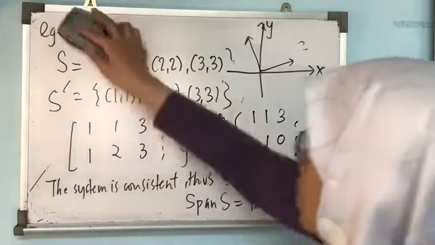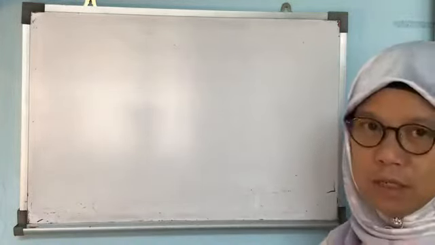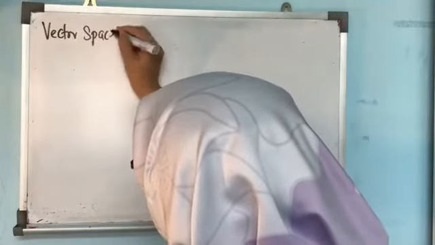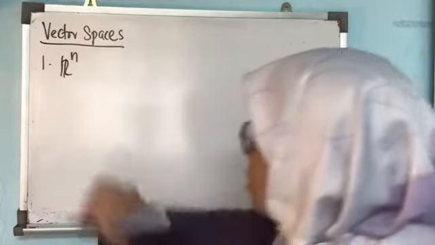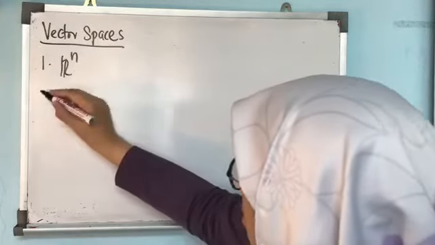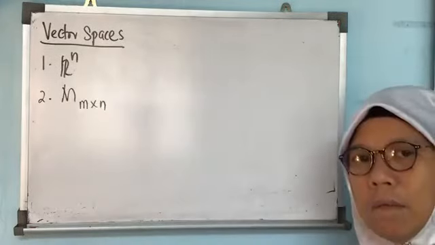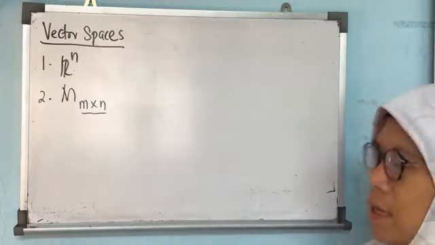Now I want to extend it to polynomials P and to matrices. So, vector spaces. Number one is Rn. Rn is n, and for m by n matrices, you will look at m times n.